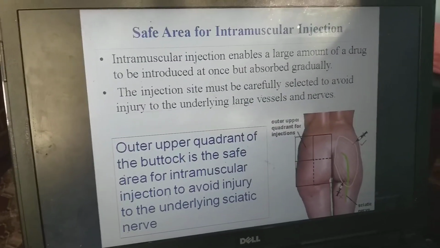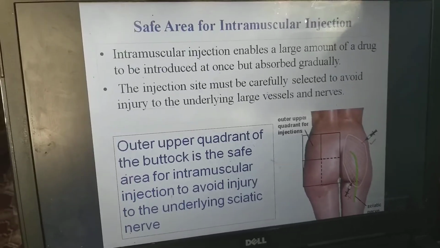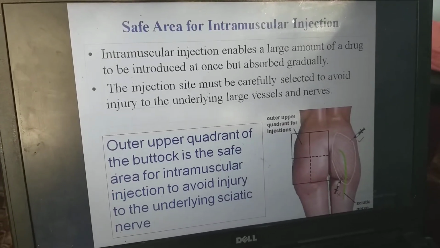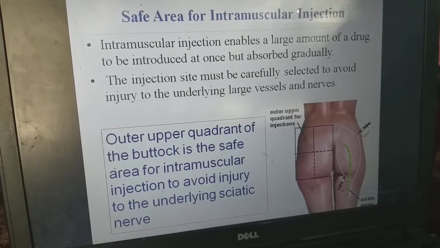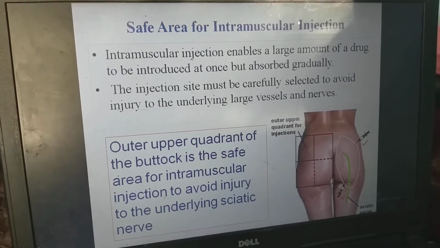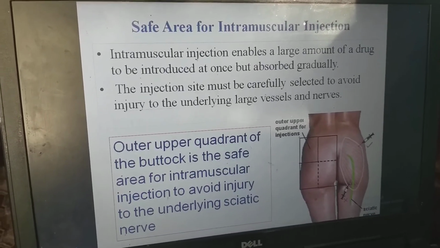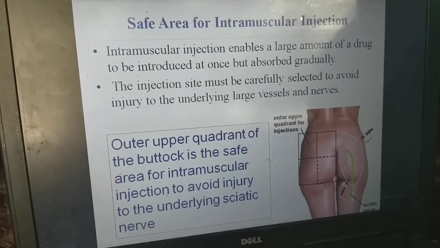Good. When you give an intramuscular injection, an IM injection in the gluteal region, where is the safe area? We are going to divide this into 4 quadrants: upper outer, upper inner, lower outer, lower inner. So you are going to inject in the upper outer quadrant, the safest, don't forget.